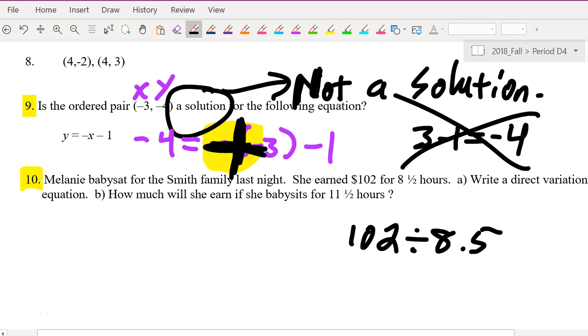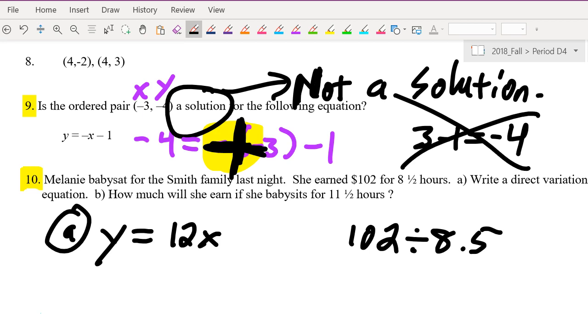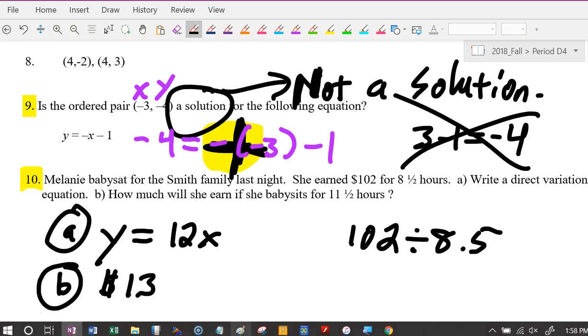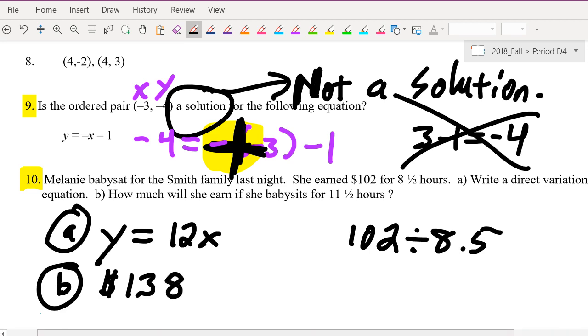All right, so for A, we want to write a direct variation. It's y equals 12x, for the number of hours being x and the amount she earned being y. All right, so B, what's the answer? 11.5 times 12, which is, I believe, $130 something. I think it's 138. I'm going to trust you guys.